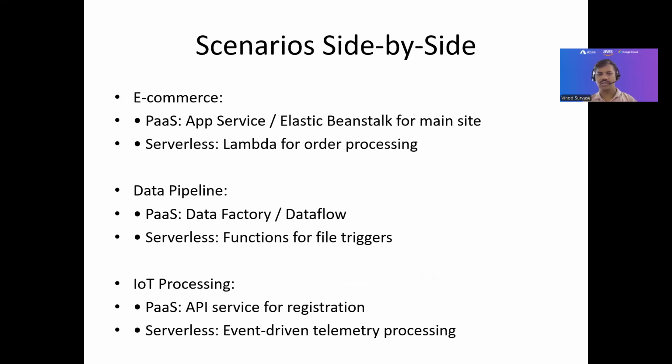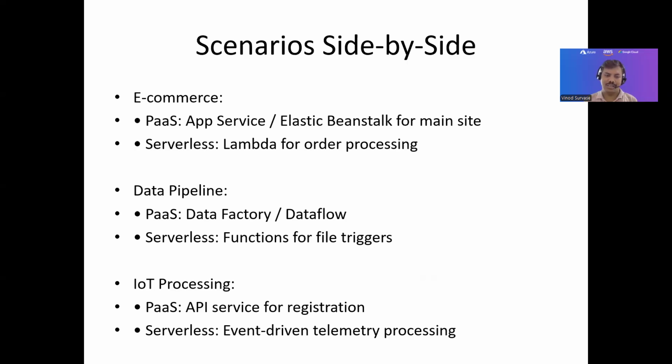This is a combination of both PaaS plus serverless together. Similarly for data pipelines, PaaS has Data Factory and data flows, and serverless uses functions for file triggers. Whatever happens with the files, movement and actions are performed based on the serverless functions that we build.